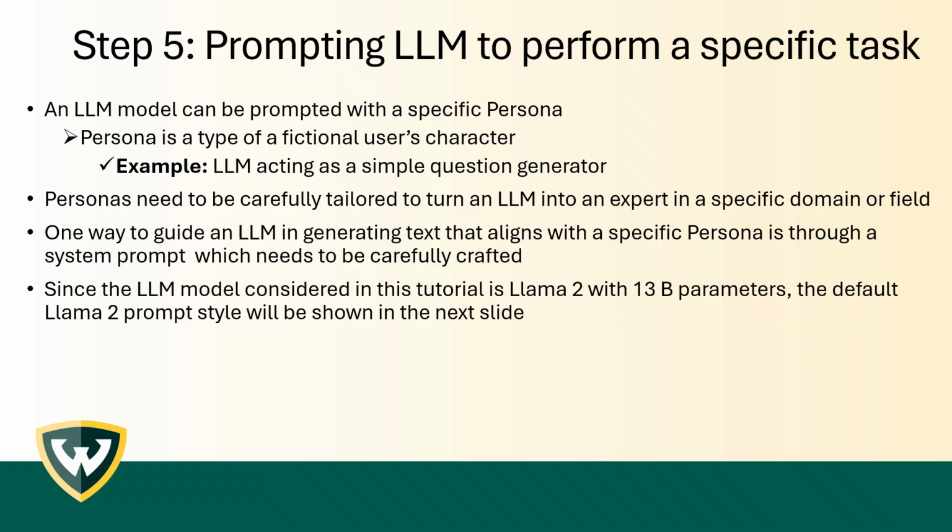One way to guide an LLM model in generating text that aligns with a specific persona is through a system prompt, which needs to be carefully crafted. Since in this case, the LLM model considered is Llama2 with 13B parameters, the default Llama2 prompt style will be shown in the next slide.